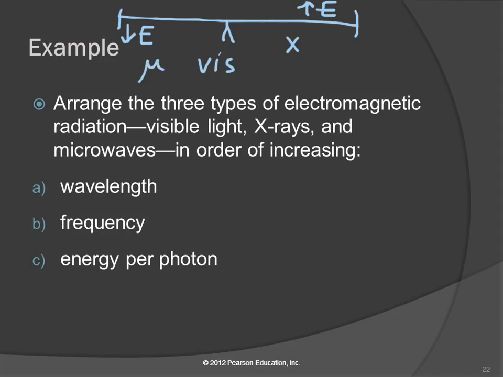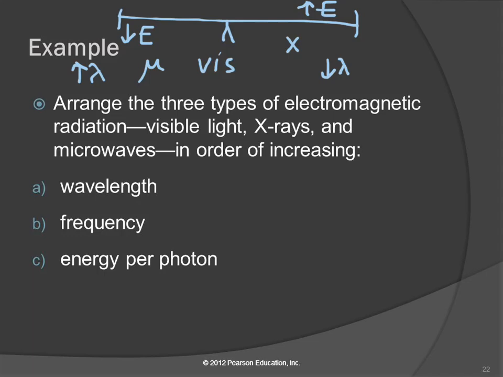So if we kind of do this picture, and this is what I would do in my head if I was answering this question, I would imagine that spectrum. So in terms of wavelength, how did the wavelength change? Which end of this guy was long wavelength? This is long over here, and this is short, right? So short wavelength, and this is high wavelength.